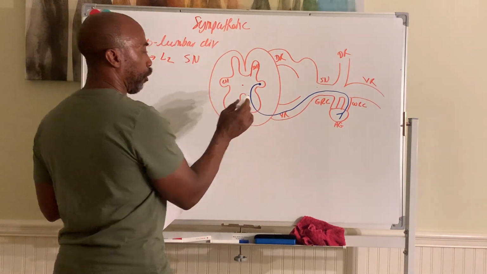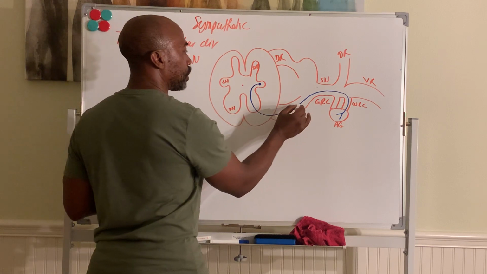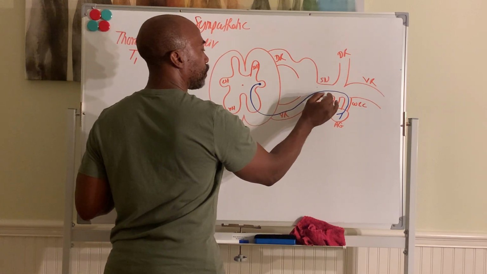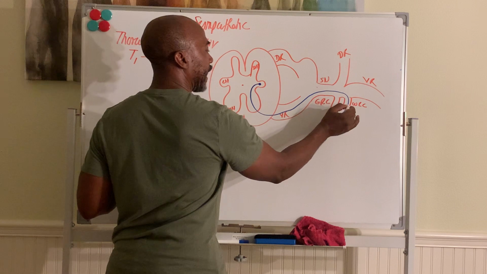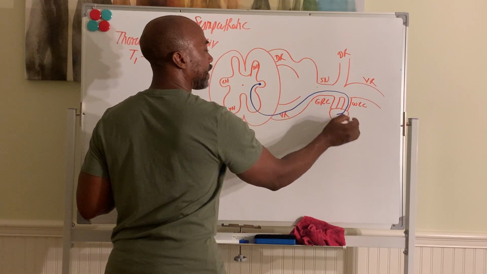So again, the first one leaves the lateral horn, comes out to the ventral root, enters the spinal nerve, then travels through the white rami communicantes to synapse in the chain ganglia.